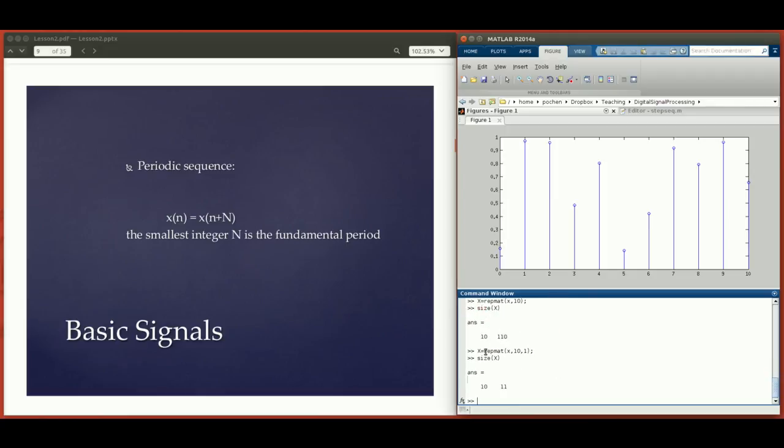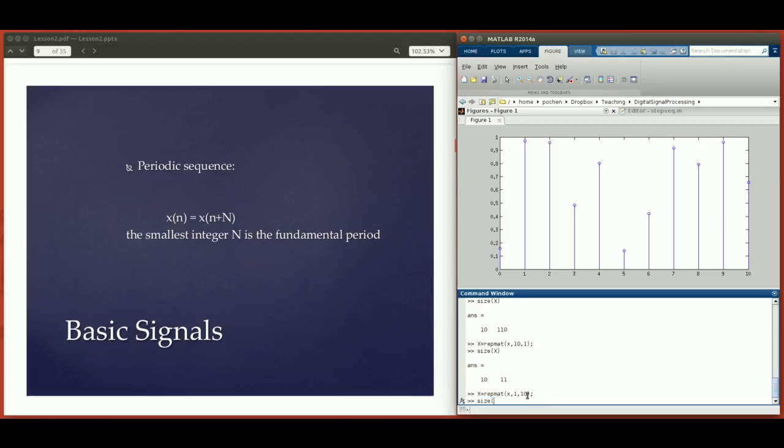The simplest way is to use repmat. Suppose big X equals repmat. We're going to use big X to represent the periodic sequence, and we're going to repeat the small x vector once in the row, but 10 times on the column.